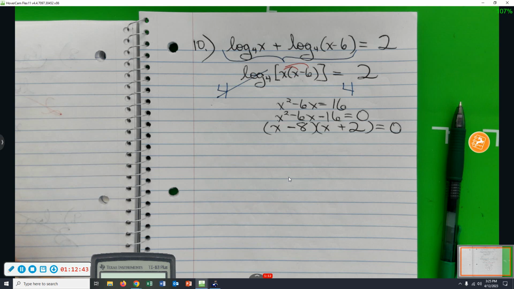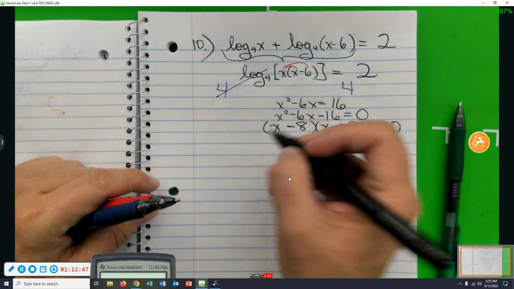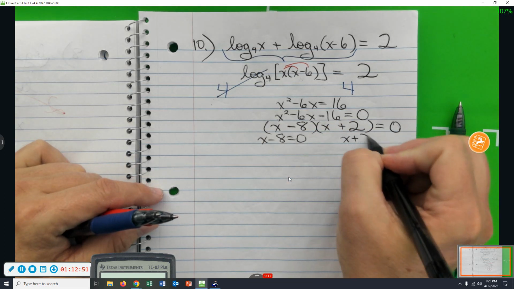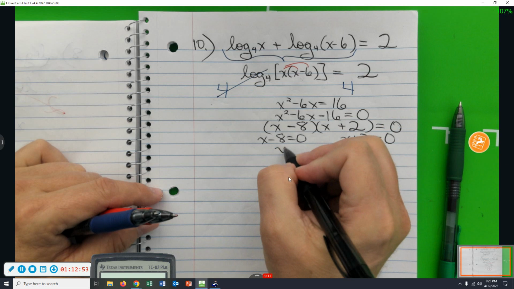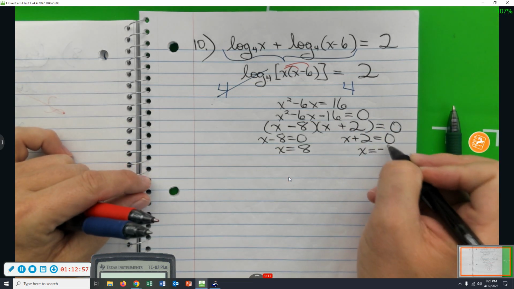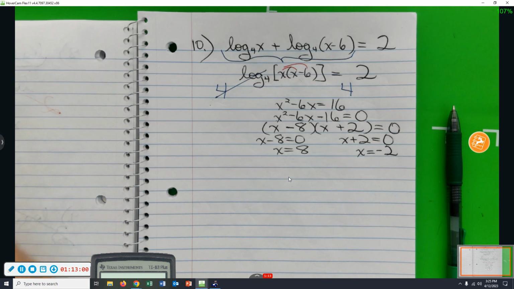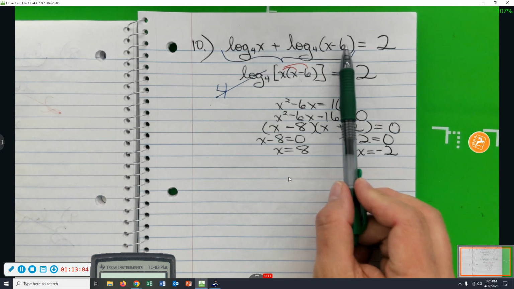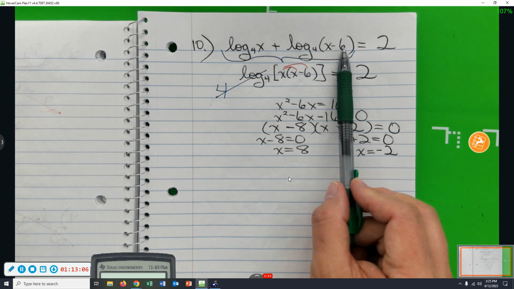Y'all agree with that factorization? Okay, set each factor to 0, to give us x equals positive 8. The other one: 8 is positive. 8 minus 6, is that positive? Yes.